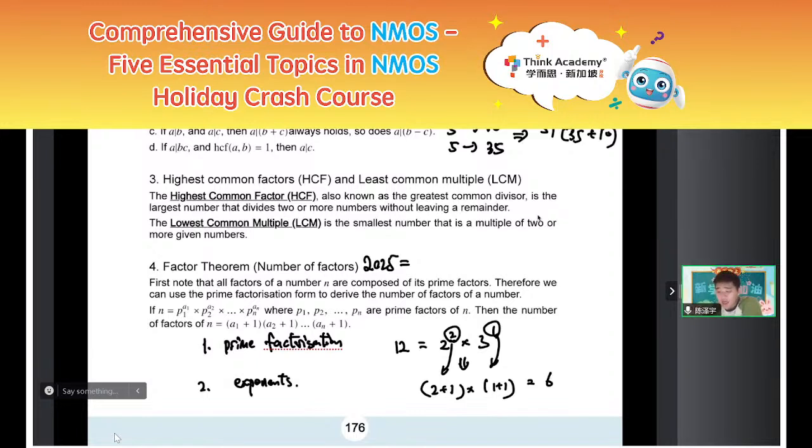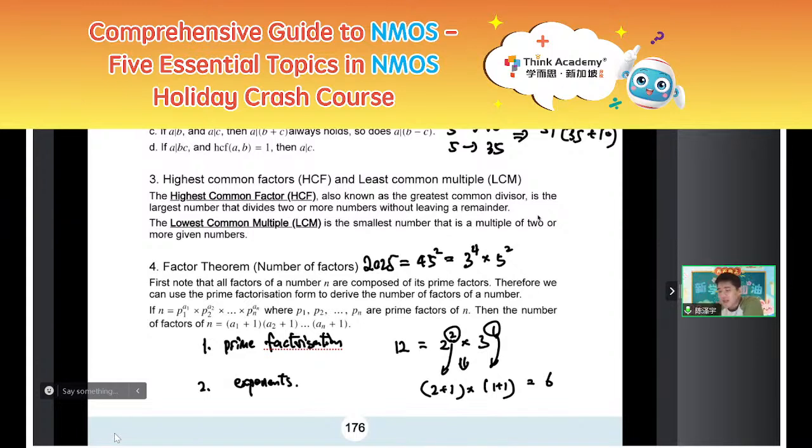Uh, 45 squared, yeah, but it's not really the prime factorization. But yes, let me write it down. The prime factorization will be 3 to the power 4 times 5 squared.